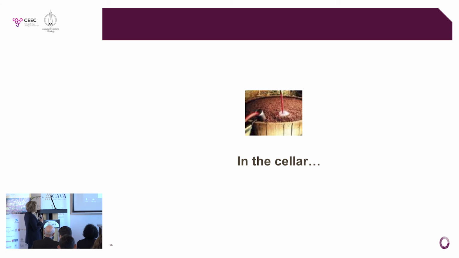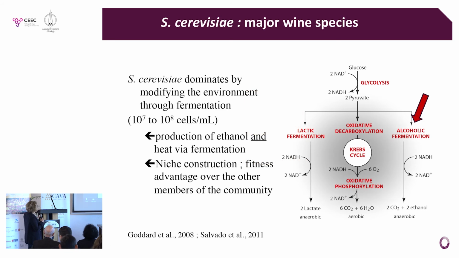In the cellar, I mentioned before that Saccharomyces cerevisiae is really the major wine species. It will dominate the system. Some authors showed that cerevisiae will construct its own niche by producing ethanol and increasing temperature, and that will provide cerevisiae some fitness advantage over the other members of the community.